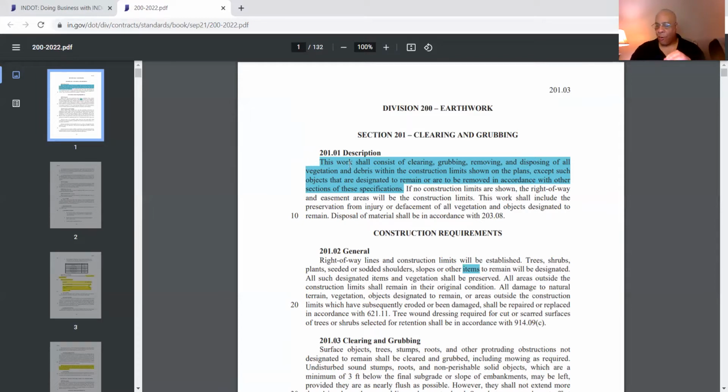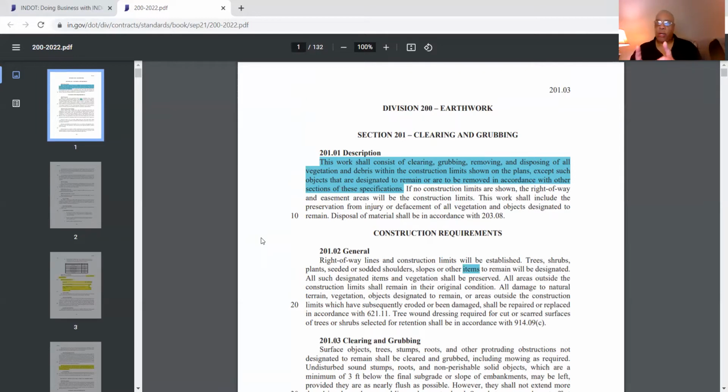So clearing and grubbing, section 201, is under the subsection, section 201.01. And under the description for clearing and grubbing, it states that this work shall consist of clearing, grubbing, removing, and disposing of all vegetation and debris within the construction limits shown on the plans, except such objects that are designed to remain or are to be removed in accordance with other sections of these specifications.